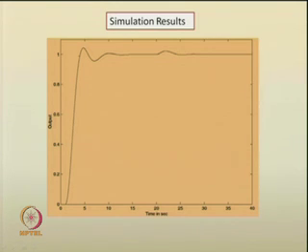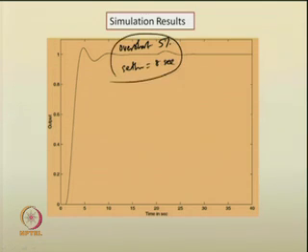As we expect, the output here is having almost 5% overshoot, and settling time of 8 seconds as expected. So, what we get basically? We get a closed loop response very much similar to that we get from a standard closed loop transfer function.